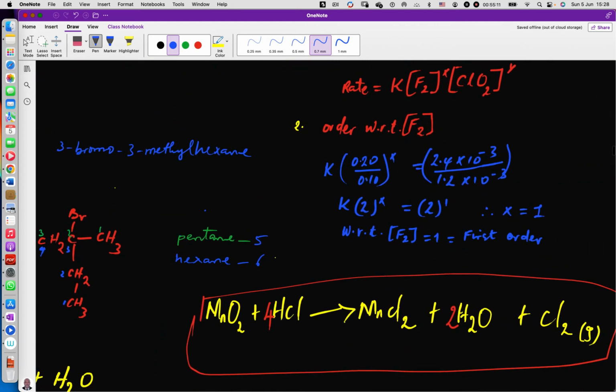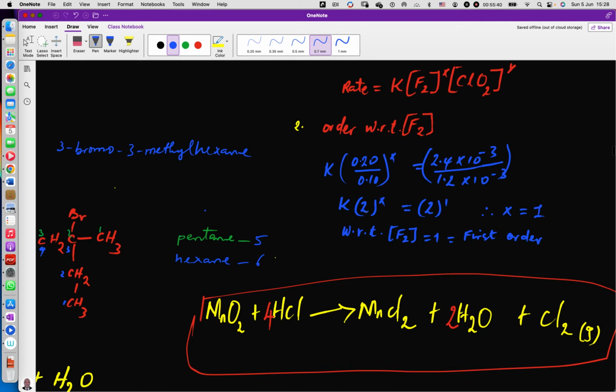When we divide this by this, we'll have 2. This 2 is raised to the power x, and this is 2 to the power 1. They have the same base, therefore x equals 1. So go back and do your revision on bases and logs.